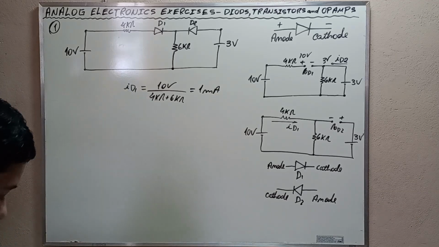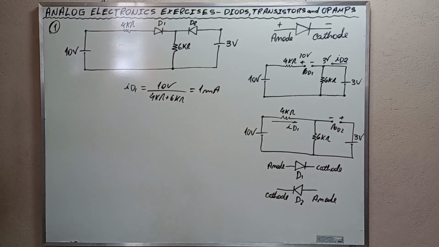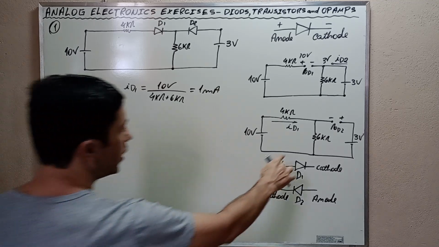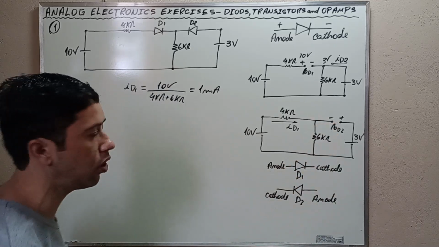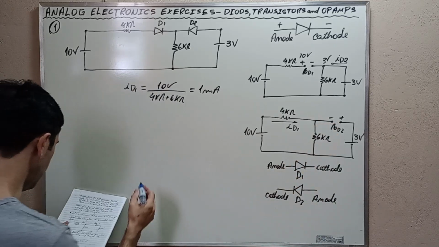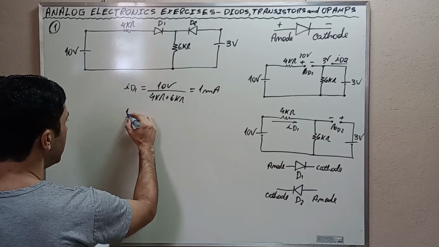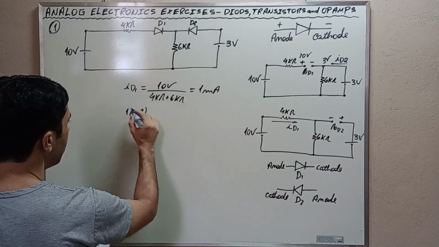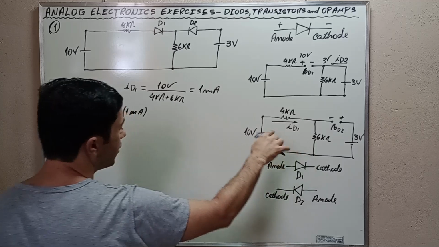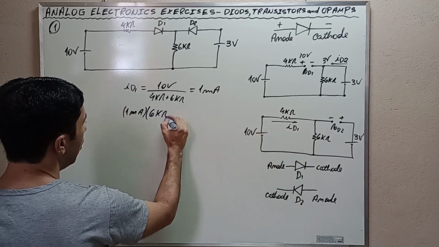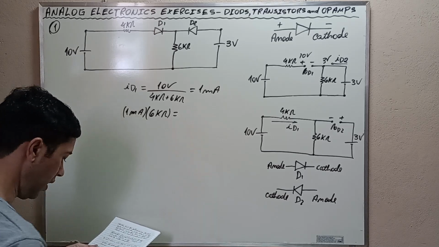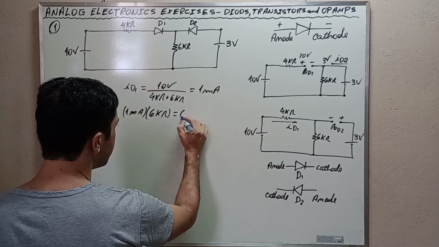Okay, my friends, let's calculate the voltage on top of the 6 kilo ohms resistor. This voltage is going to be 1 milliamp, the current that passes here, ID1, times the resistance 6 kilo ohms, and the voltage is 6 volts.